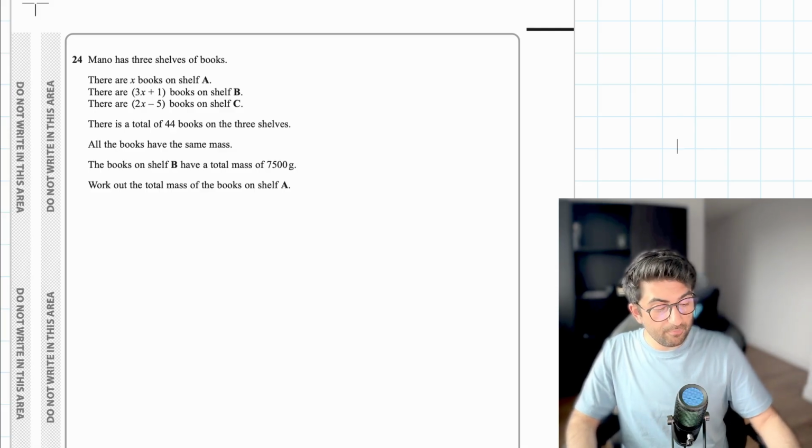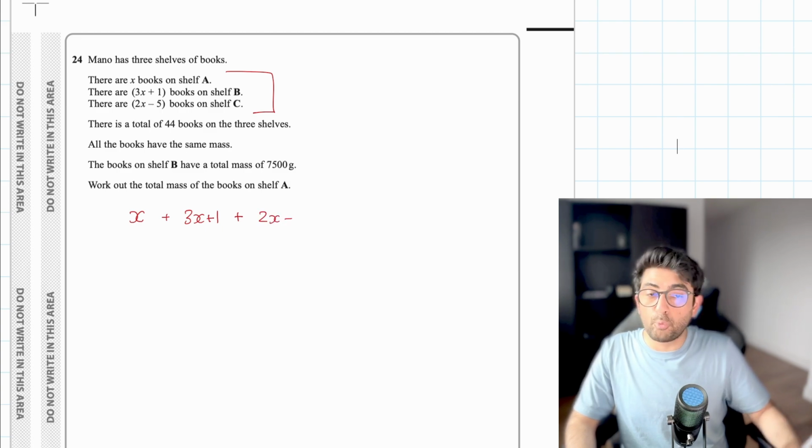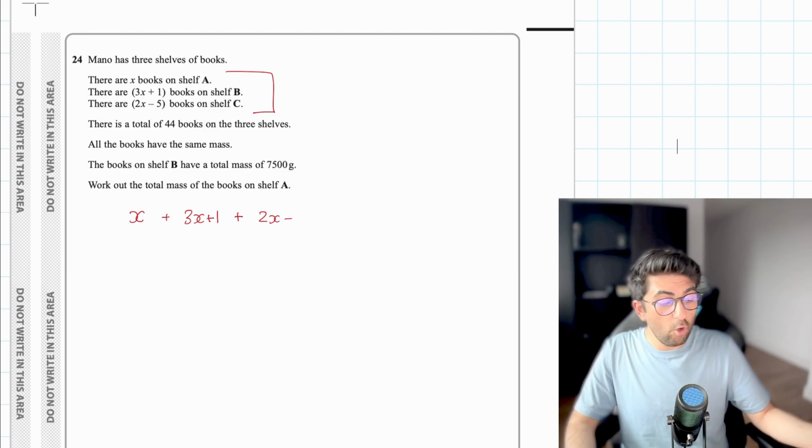So let's try that. So first we're going to add up all of these. So we've got x plus 3x plus 1 plus 2x minus 5, and we're going to make that equal to the 44 books, because there's 44 books altogether.